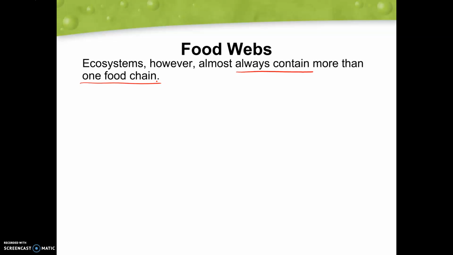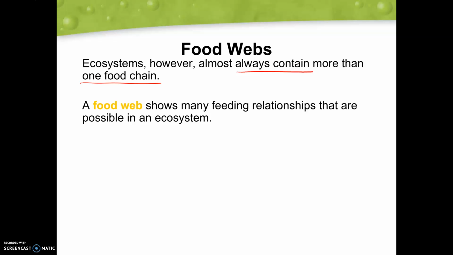We saw that in our image just before. Our food web is showing many feeding relationships that are possible in an ecosystem. So it's not just showing one chain, it's showing many different relationships, and those chains can overlap with each other. And we'll see a better example of this in our lab.